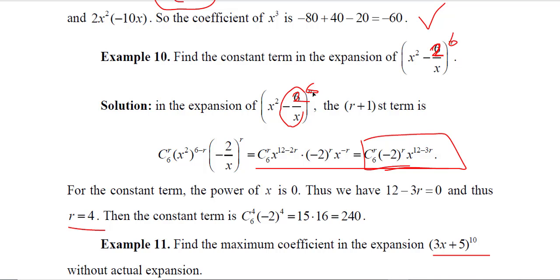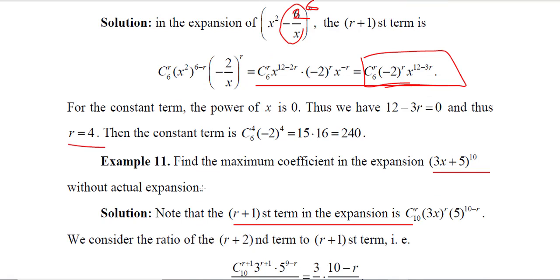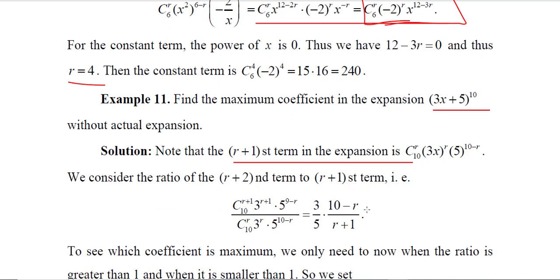This is not n, this is 6 power. When it's 6 power we can find it, and then this equation is satisfied. Please correct this example.